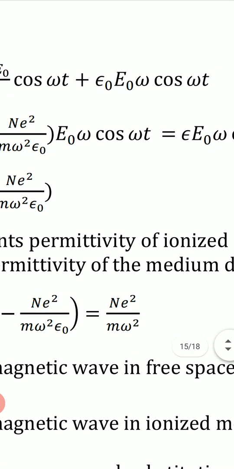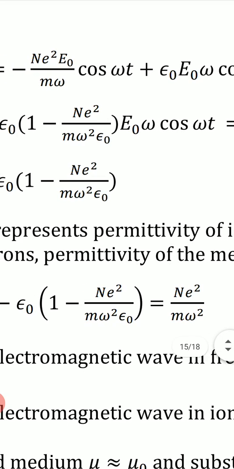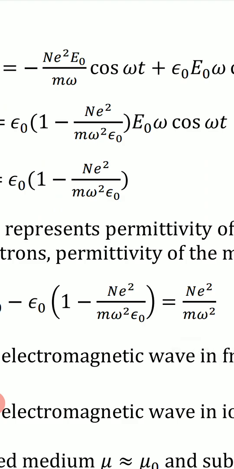Take this second term common, epsilon 0 E0 omega cos omega t.